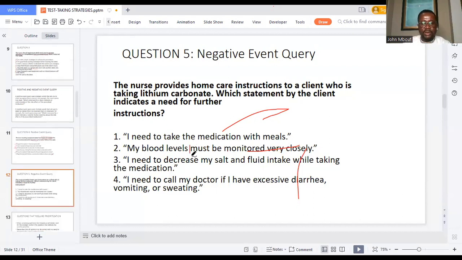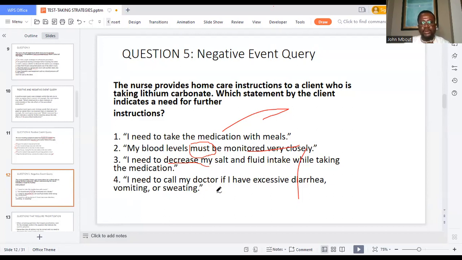Like this is a close-ended word, must. In nursing, you don't use those words. Must, only. I need to decrease my salt and fluid intake while taking the medication. Decrease salt.